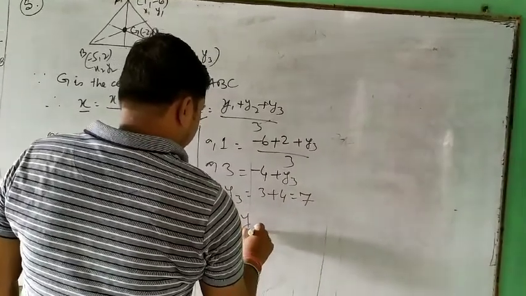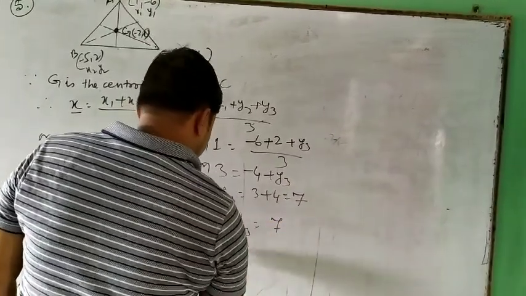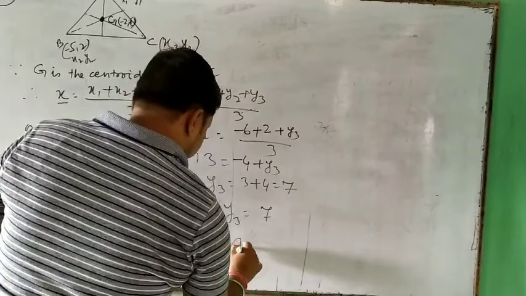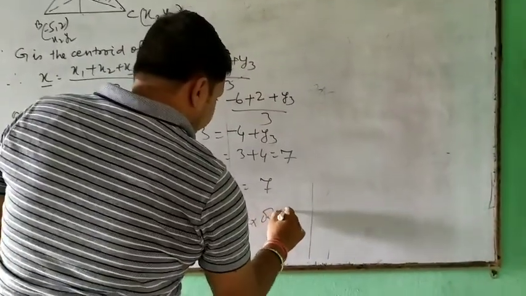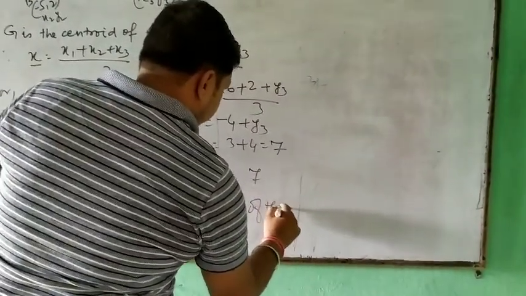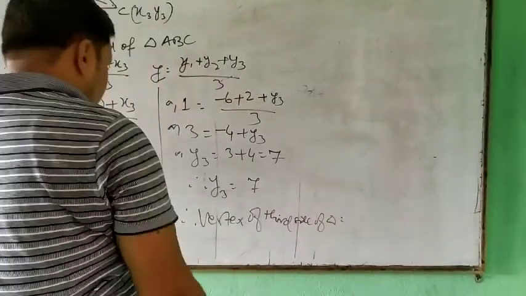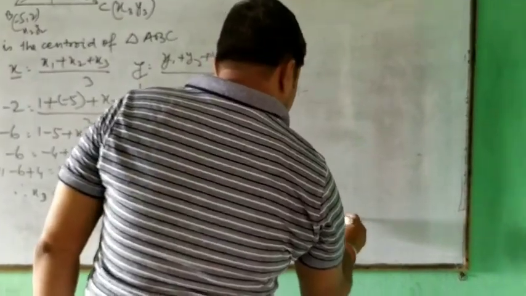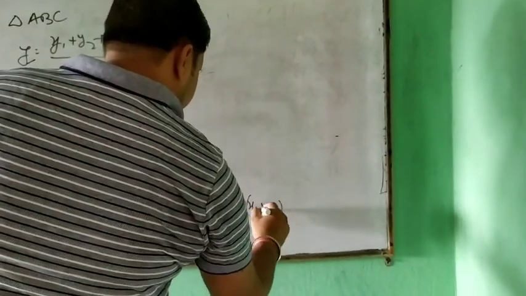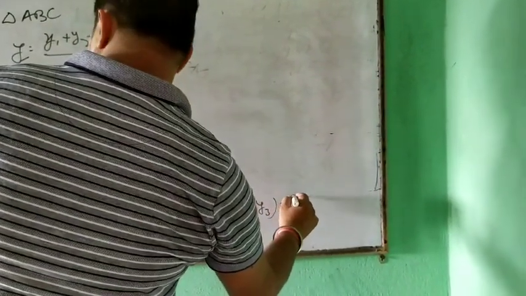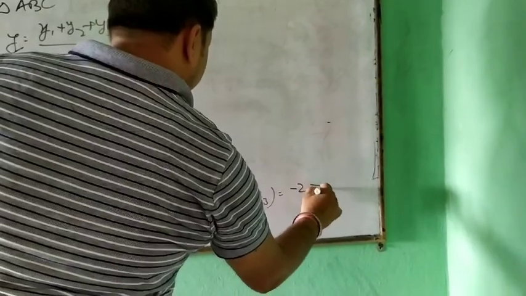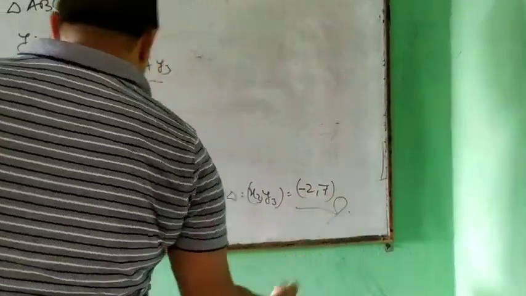So the value of y3 equal to 7. Therefore the third vertex of the triangle equal to (x3, y3), that means minus 2 and 7. That's your answer.